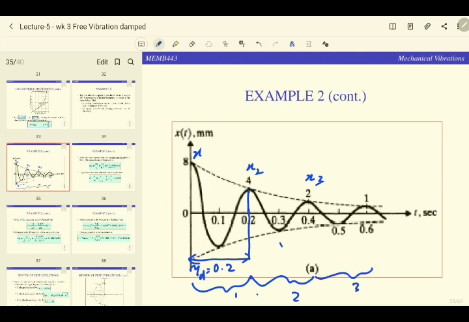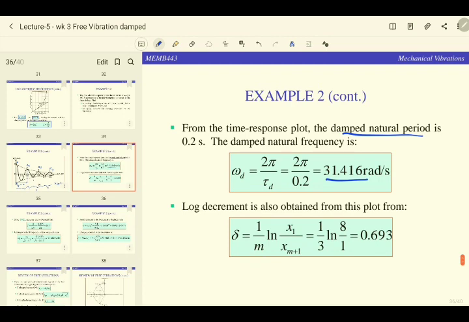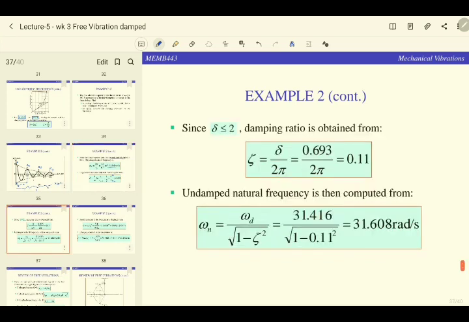So you have 3 cycles and 4 peaks. You have x4 here. That's why when you calculate, you are using 1 over 3 cycles and the highest peak with the lowest peak, which is x1 and x4. Then you can get the value.